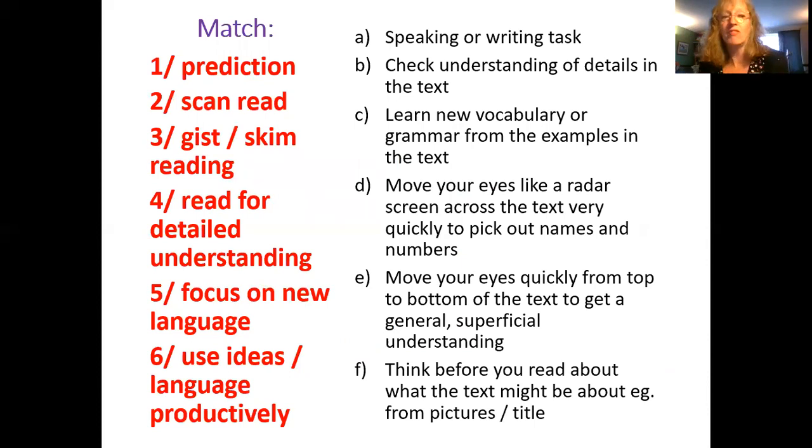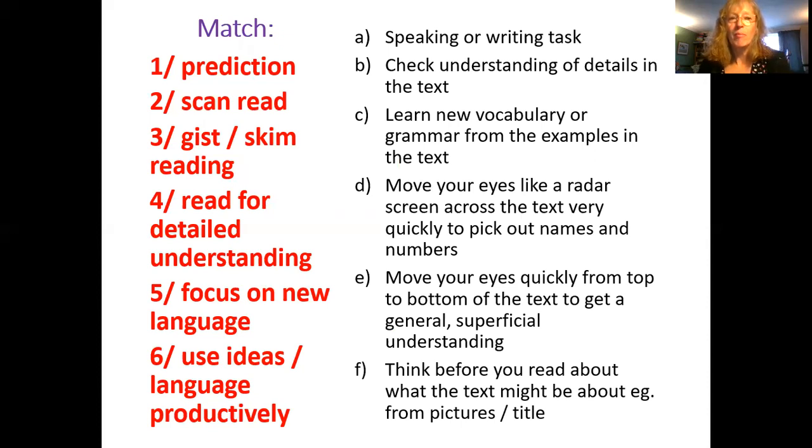That could be after stage 3, gist reading or skim for gist, when you're looking through the whole text. Only then do you read for detailed understanding. And after all of that, you will have the brain space to focus on the new language in the text. And finally, it's a good idea to use the language and the ideas productively in a speaking or writing task.